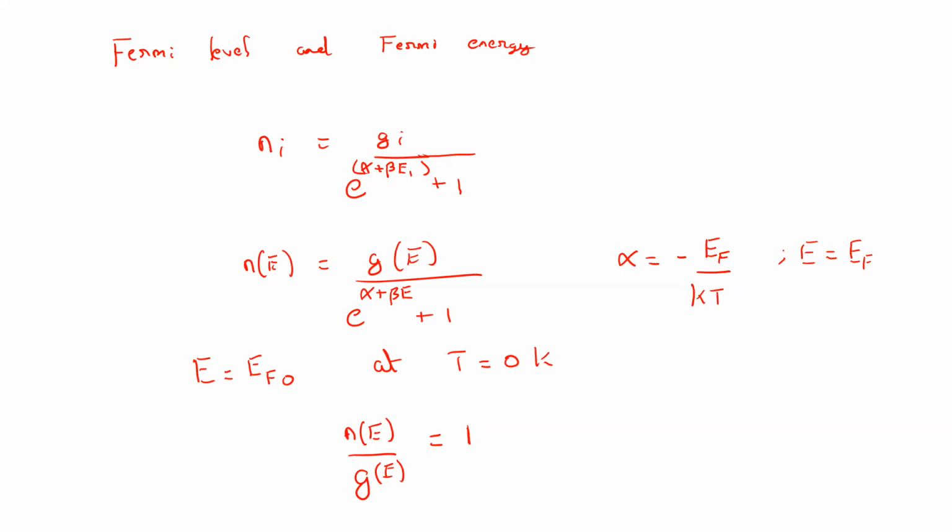So let me write it out here, so you'll see it more clearly. This will actually be E by KT, right? So this will actually be EF by KT then, and alpha is nothing but minus EF by KT, which will make it e to the power of minus infinity.